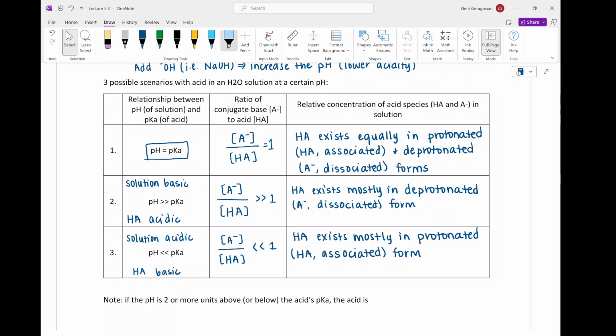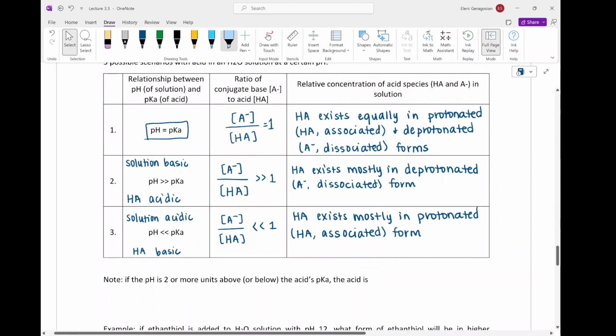And I do have this note here, so adding to this table. If the pH of the solution is 2 or more units above the acid's pKa, we say the acid is completely dissociated. I'm going to put that in quotes and I'll explain why.